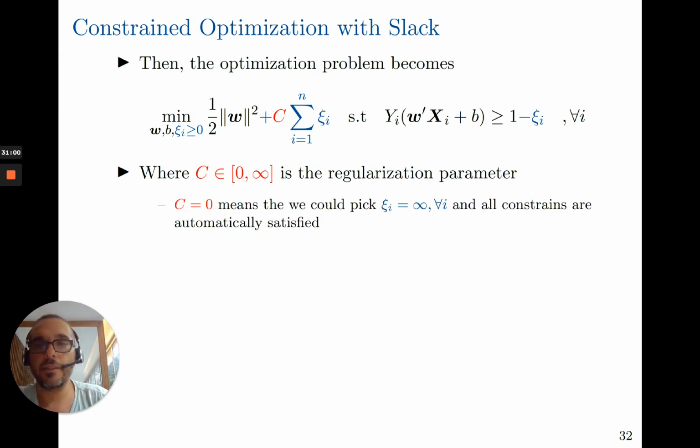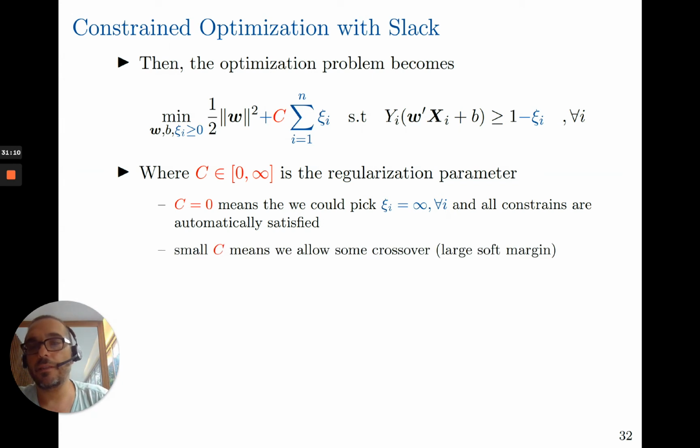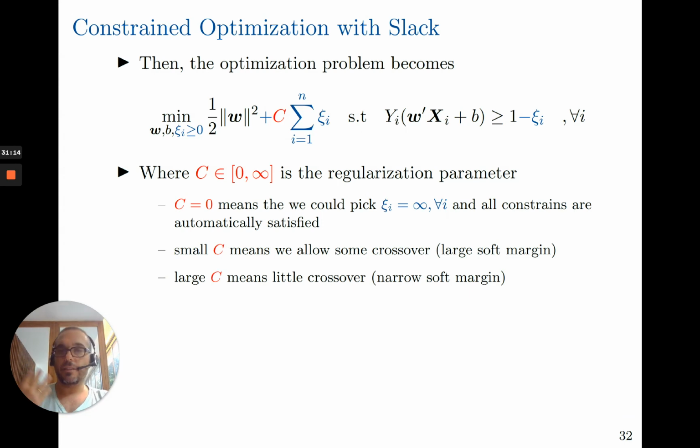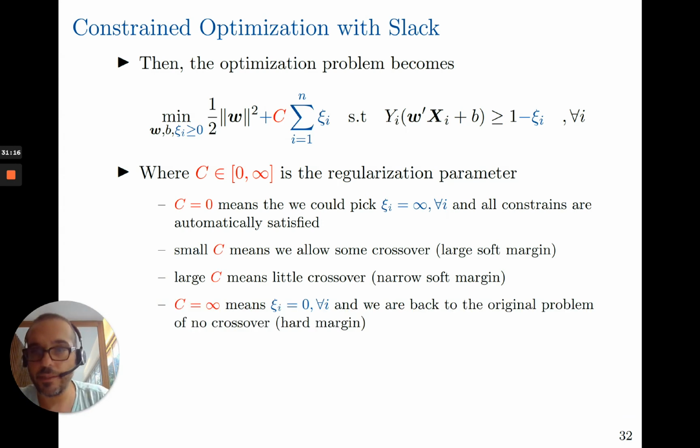C equal to 0 means that we could pick xi equal to infinity, and all the constraints are automatically satisfied. A small C means that we allow some crossover. Large C means little crossover. C equal to infinity means xi equal to 0, and we are back to the original problem of no crossover, what we call the hard margin.